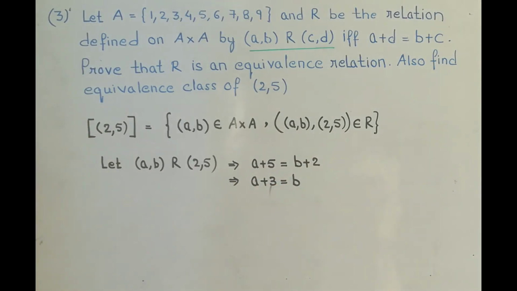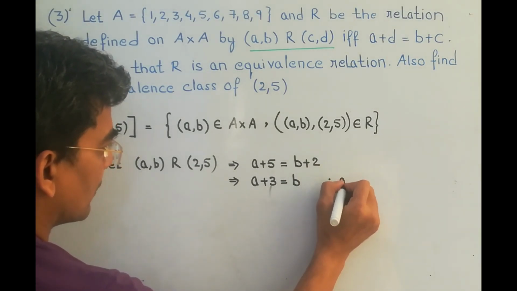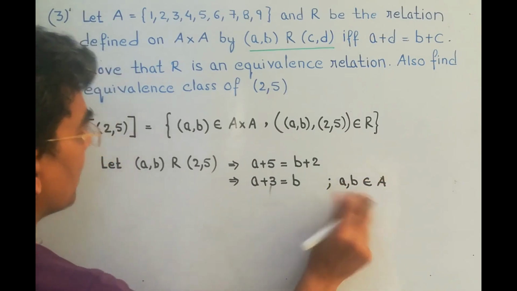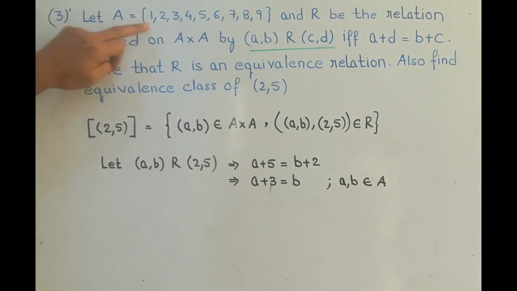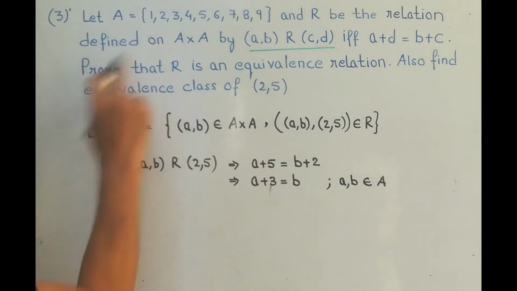We can get this relation, a plus 3 is equal to b, or b is equal to a plus 3. But we know that a and b belong to A only. So let's substitute values for a and we will get values for b from this.